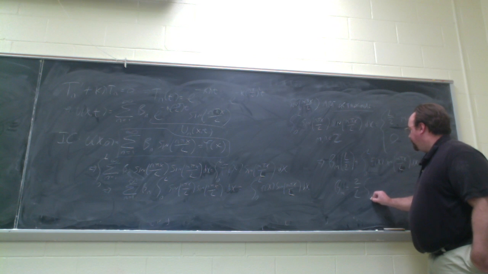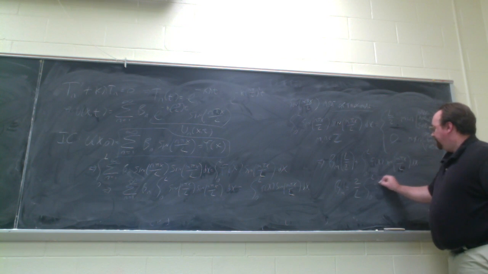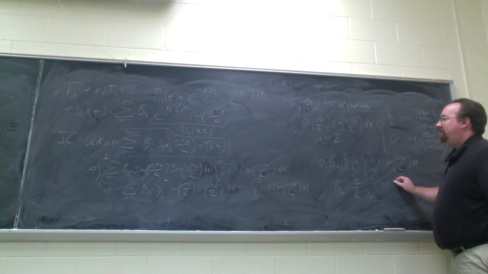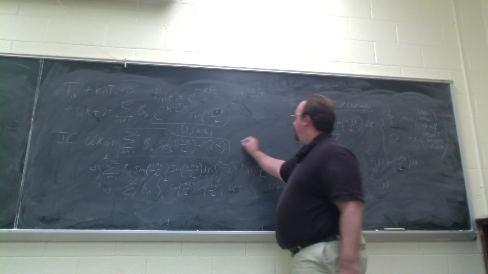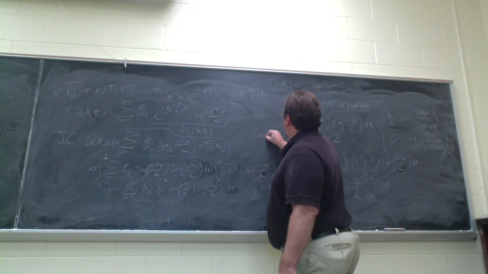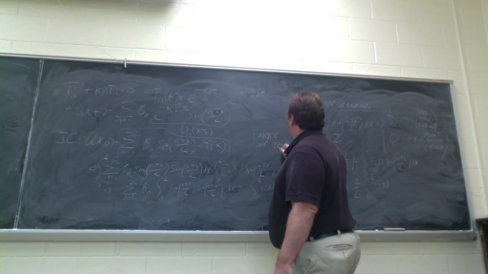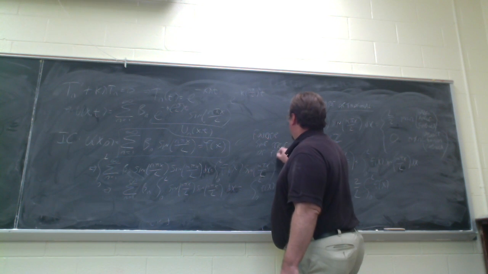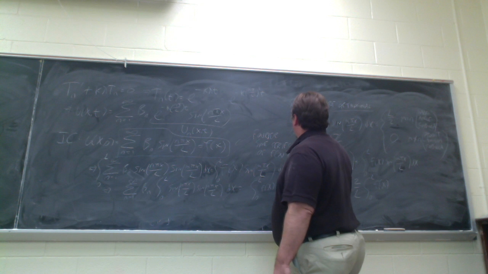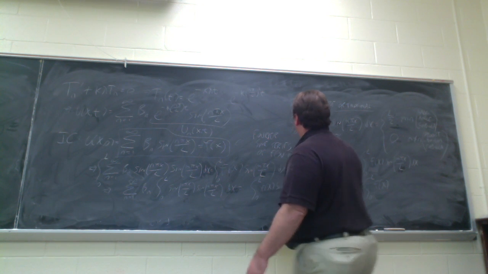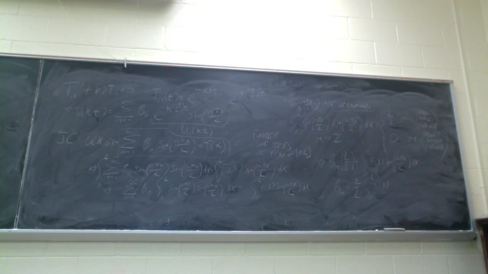for our coefficients in our Fourier sine series. That's what this is. We're a linear combination of sine functions. The Fourier sine series of f of x on the interval 0 to L. So that's what we're constructing to satisfy the initial condition.